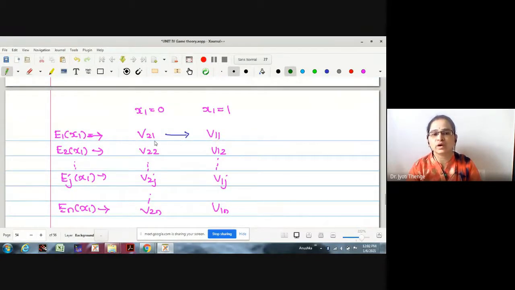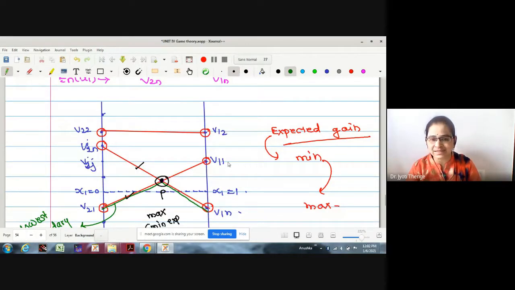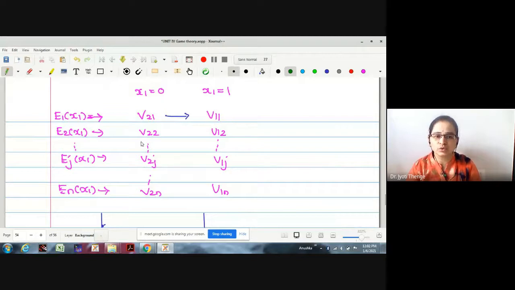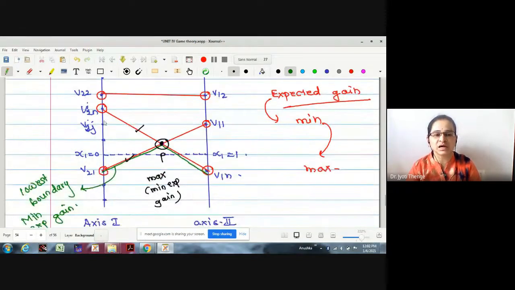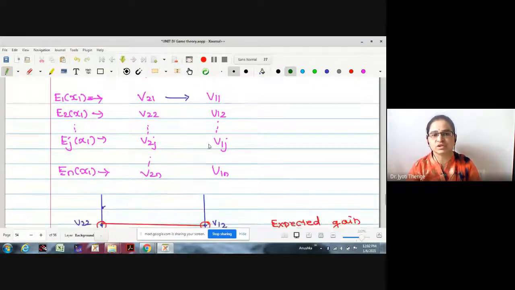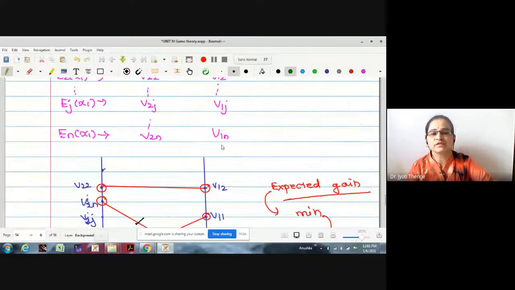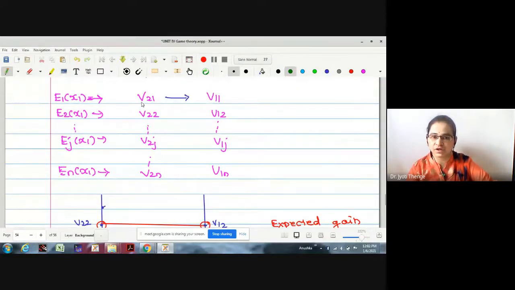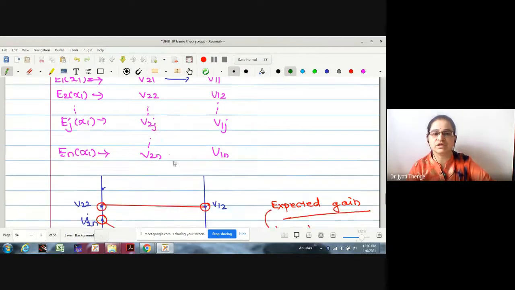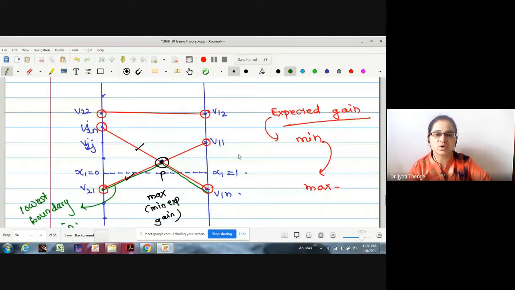All these points v11, v12, v1j, v1n we will plot on the second axis. v21, v22, v2j, v2n we will plot on the first axis, because these are the values obtained for x1 equal to 0, and those are the values obtained for x1 equal to 1. Then after plotting, we will join v11 with v21, v12 with v22, v1j with v2j, and so on. This is a general example graph I have drawn, right?